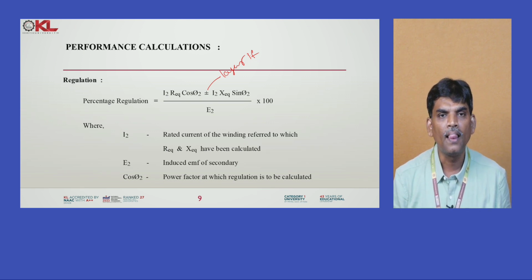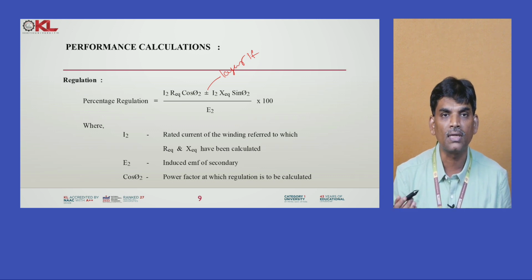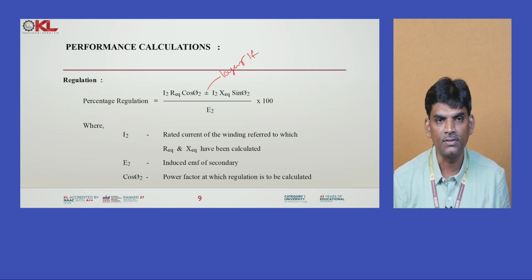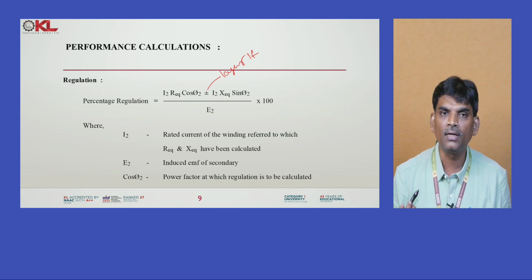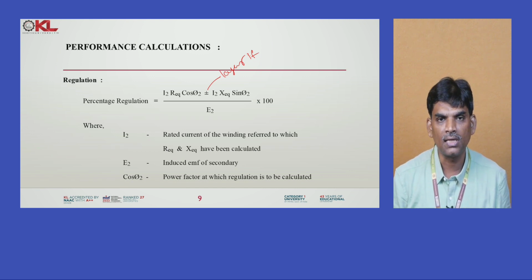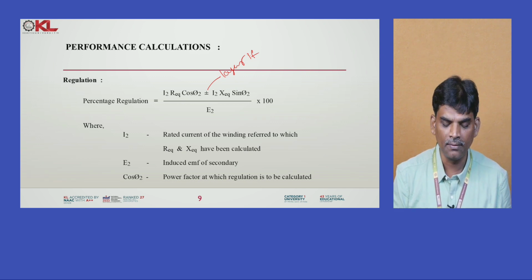For example, suppose the load is connected at unity power factor: cos phi is taken as 1 and sin phi equals 0, and applying the values we get the regulation. Likewise we calculate for different power factors, maybe 0.8 lagging, 0.6 lagging, 0.4, 0.2, and identify how much regulation occurs. The minus sign is used for leading power factors.